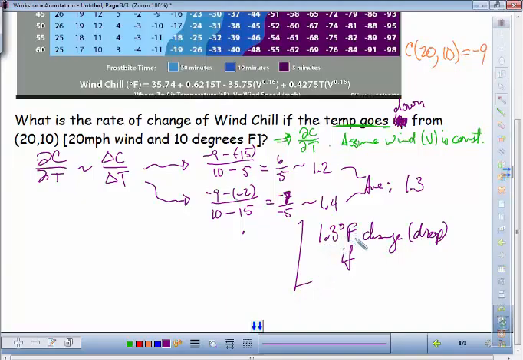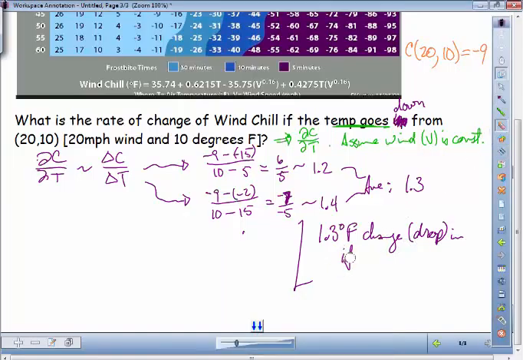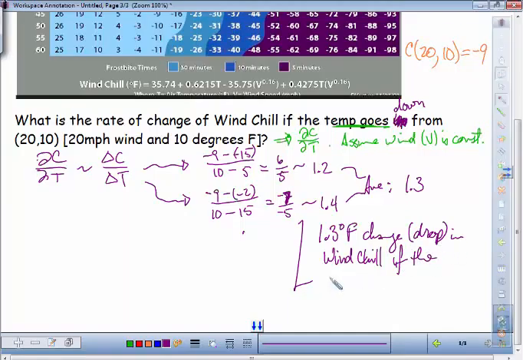It's a 1.3 degrees Fahrenheit change in wind chill if the temperature drops a degree.